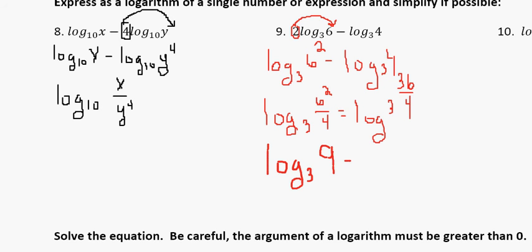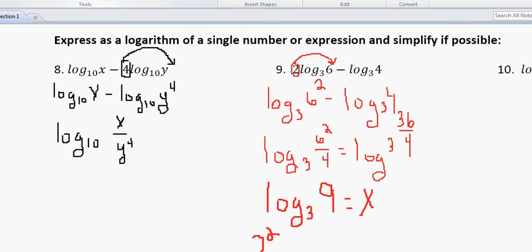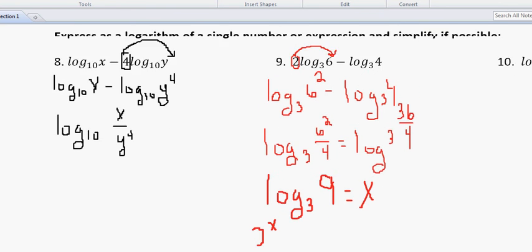And changing that to an exponential, setting it equal to x, it means 3 to the x power equals 9.